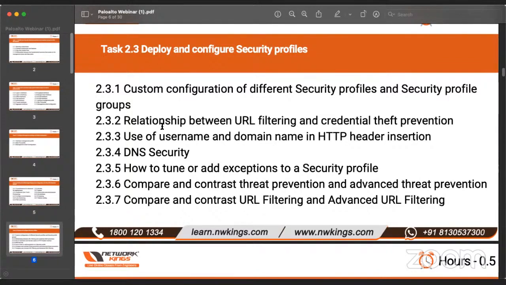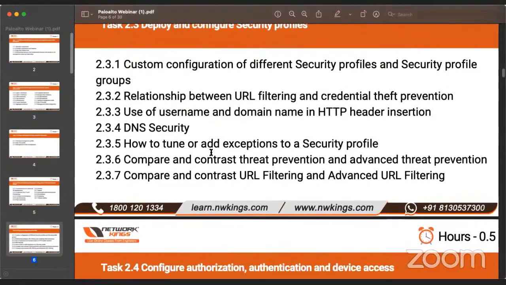That means if the administrator wants to control access to certain URLs, applications, or block specific file types, or prevent data loss in the network, or make sure there is no malicious or threat content being shared as a file download or an email attachment, how do you make sure your security policies are airtight, and how do you use these profiles in the security policies, which gives the firewall the IPS functionality and adds the security component. So this is the heart. Security profile is where all of the magic happens from a security standpoint.